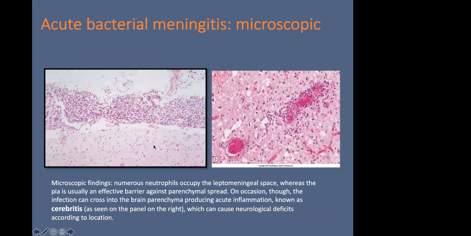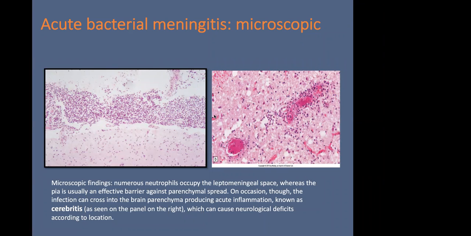And if you take a closer view, the meninges are very thick with neutrophils, and sometimes, not always, the inflammation can go deep through the Virchow-Robin space in the sulci and then laterally move into the brain to infect the brain parenchyma.